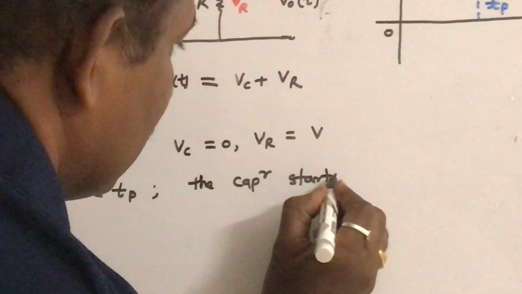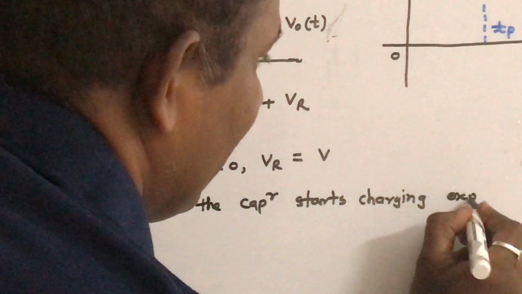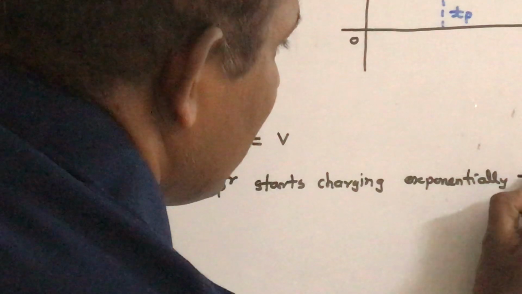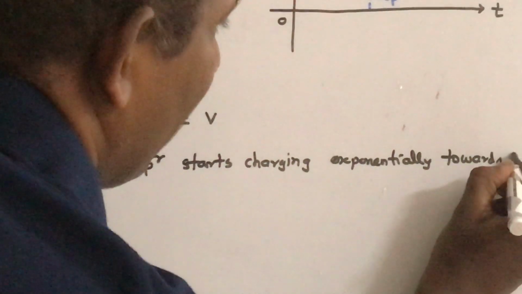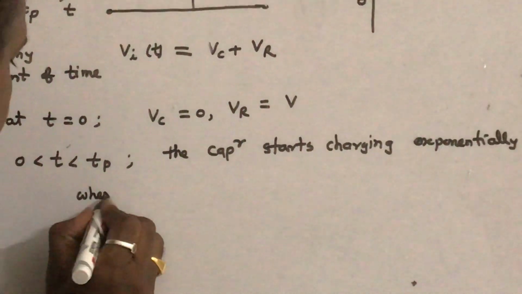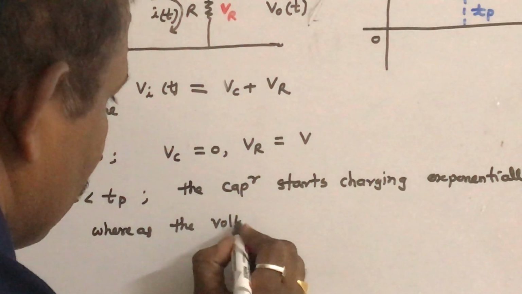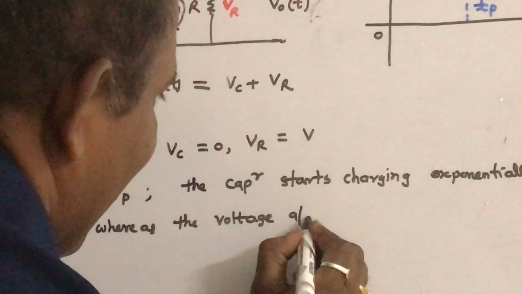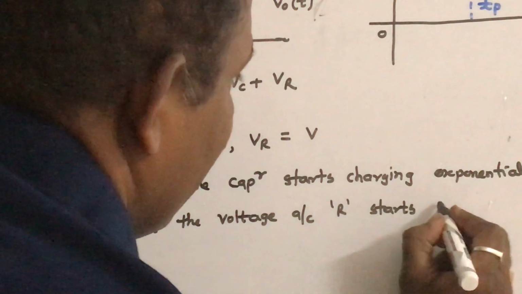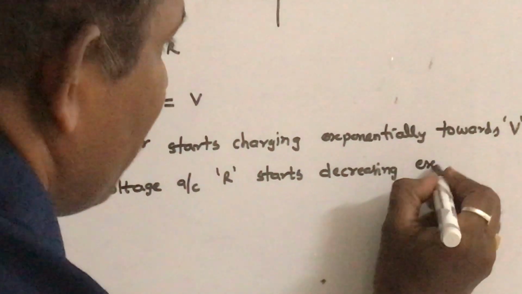Therefore in this interval the capacitor starts charging exponentially towards the applied voltage of amplitude V, whereas the voltage across the resistor starts decreasing exponentially.